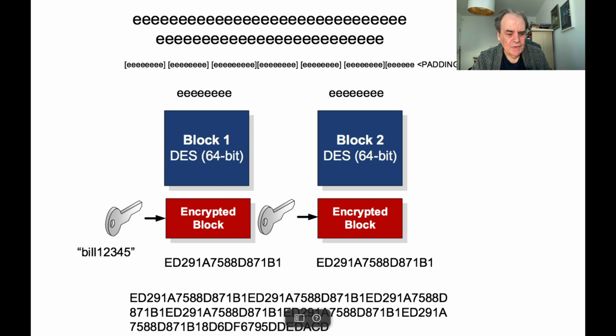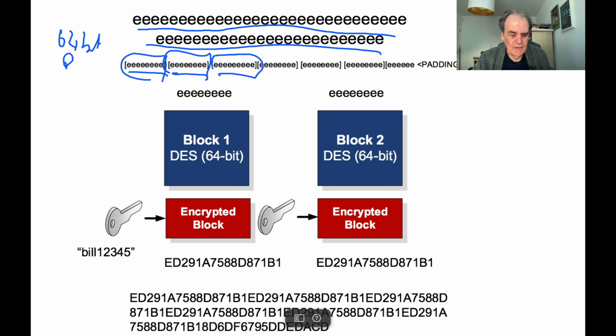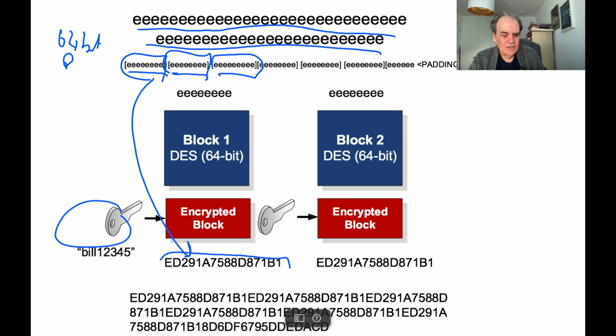Okay, so here's an example. In this case, I'm using DES, which has a 64-bit block size. So this is 64-bit or 8 characters, and this is my data stream here. So let's try and encrypt it. When I encrypt that block, I get this, and when I encrypt this block, I get this.